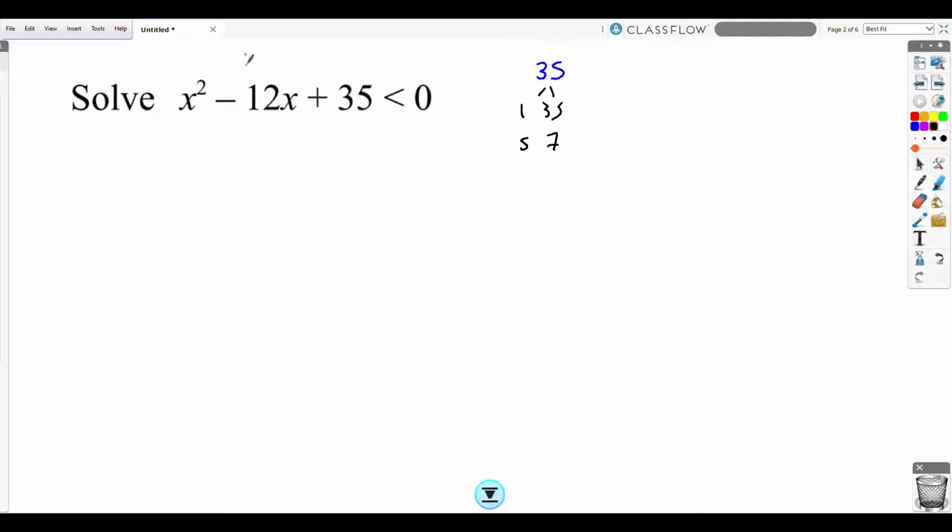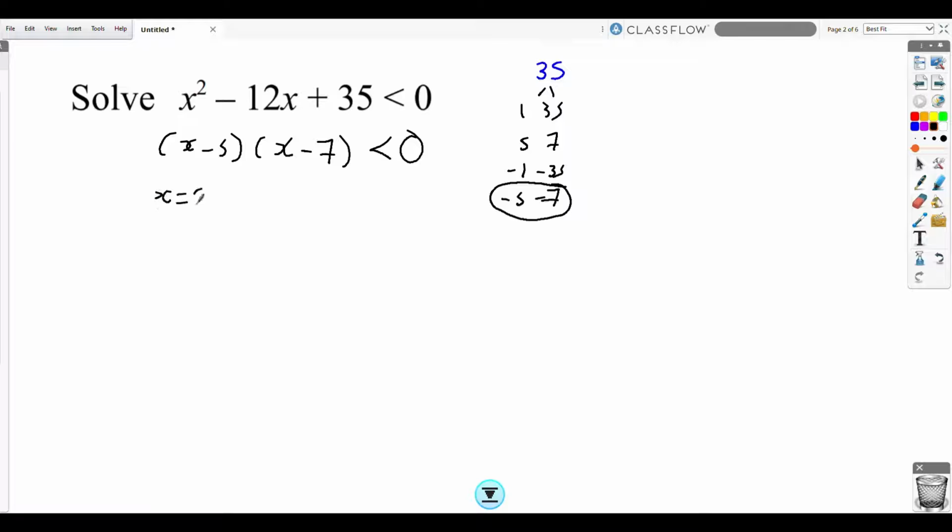But we also realize, since this is a negative number, we also take the negative factors. So minus 1 and minus 35, minus 5 and minus 7. If we want to get to minus 12, we realize these two will give me it. So my brackets are going to be x minus 5, x minus 7. So my solution for the equation is x equals 5 or x equals 7.